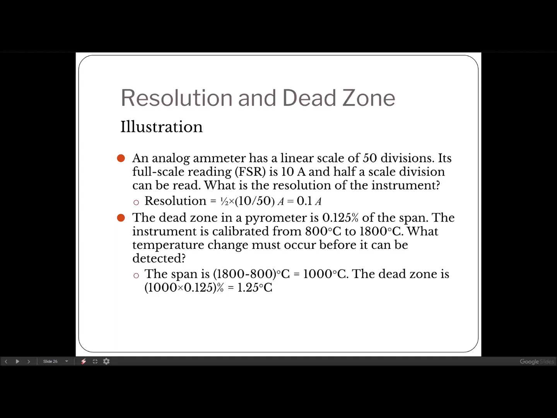The full scale reading is 1000, the dead zone is 0.125%, that means the real dead zone is 1000 times 0.125%, which is 1.25 degrees Celsius. Okay.